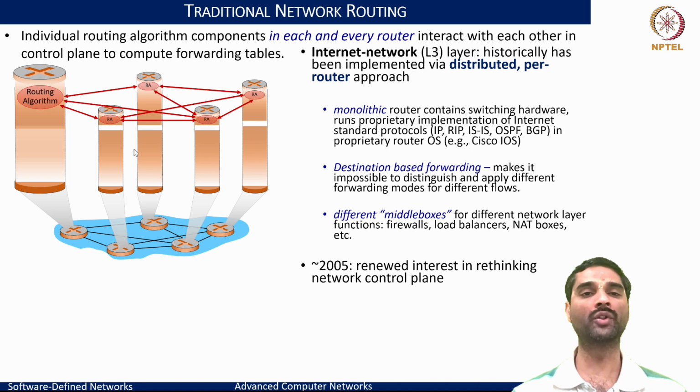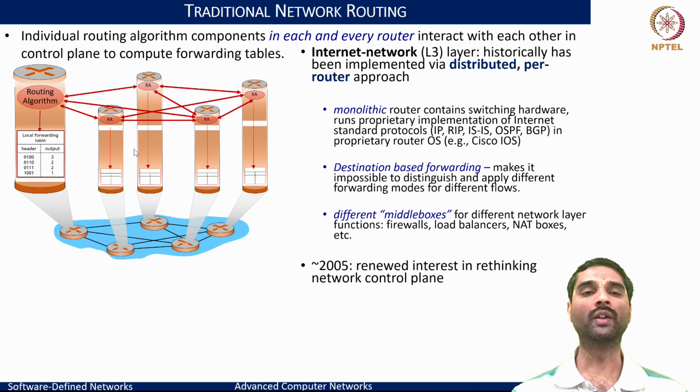Eventually, when they converge, each of these routers will have the information of the network topology, and then they can run the specific routing algorithm and deduce what would be the forwarding tables in order to reach from one point to the other.